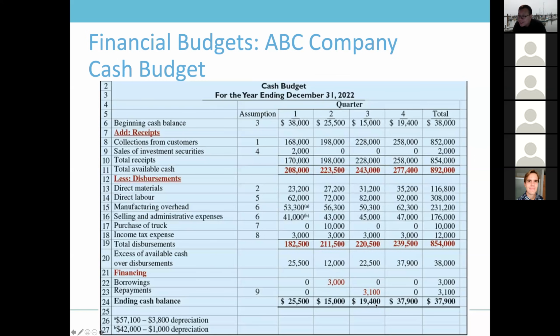It's still more than the minimum balance. So this is the example of repaying the bank. And again, you follow the same approach. You get your beginning cash balance of 38,000, your ending is 37,900. Okay, so this is your cash budget.